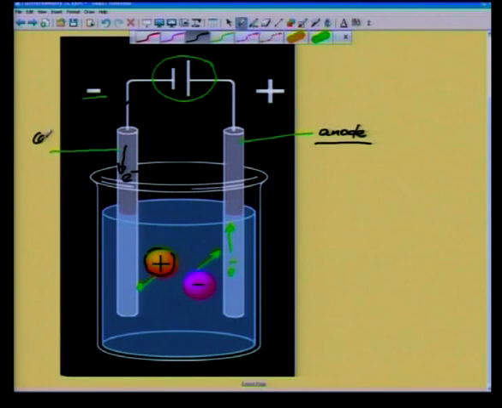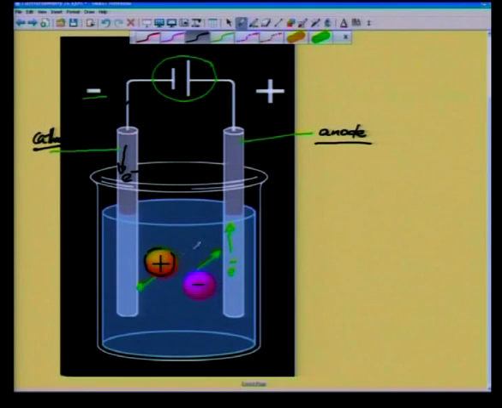Don't have much space here to write on. Allow me to just write cathode like that. So that will be the cathode, and so that's how your electrolytic cell works.